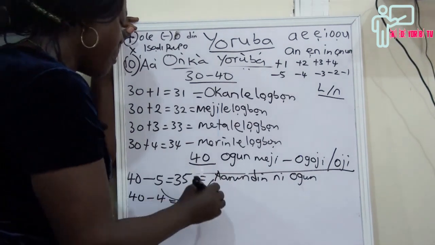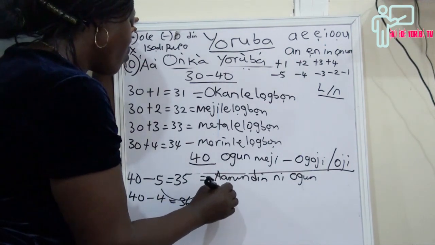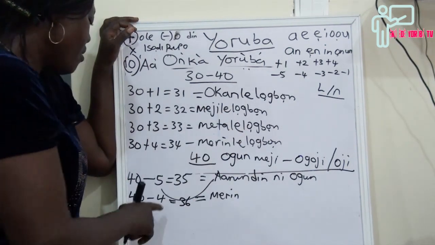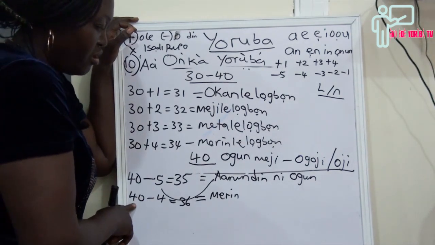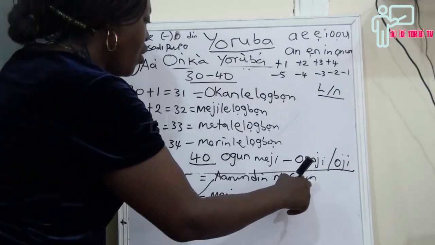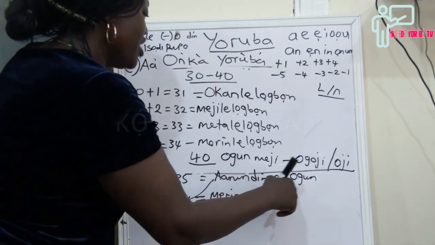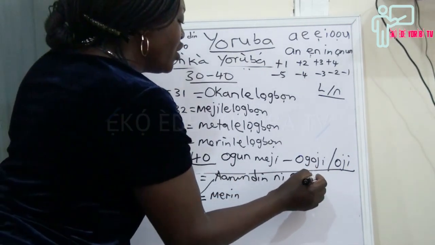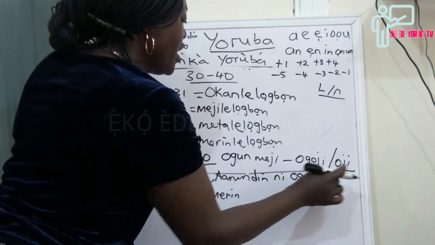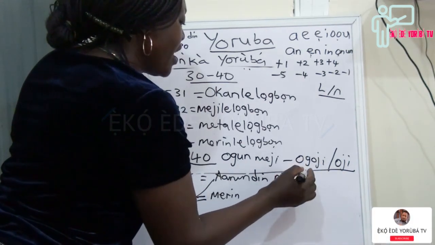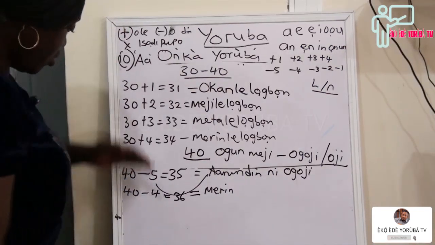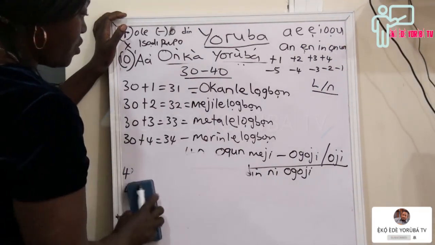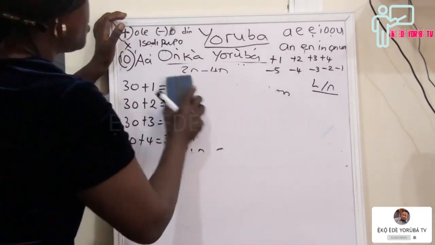It will now be mẹ́rin lógójì. Oh, sorry, ogún. Àrún dín ní ogún ogójì. That is ogún méjì. We have told you that we write it ogójì. So I want to shift it up so that I'll be able to see it very well.